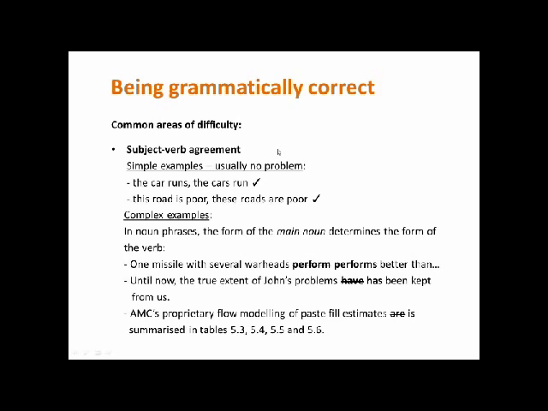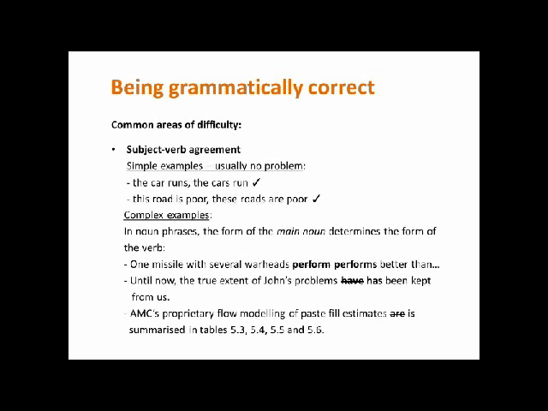So some common areas of difficulty that I see in writing are, in terms of grammatical correctness, something that we call subject-verb agreement. So that means that what we're talking about, the subject, should agree with the verb. So we choose the verb form according to whether the subject is singular or plural.